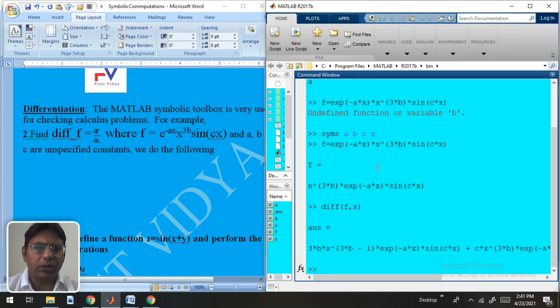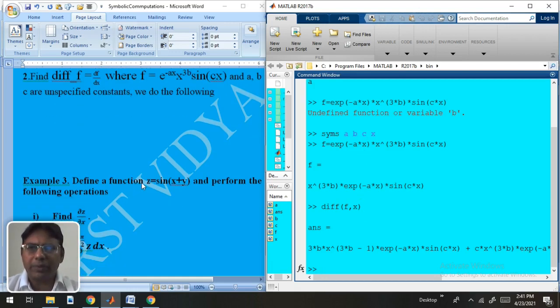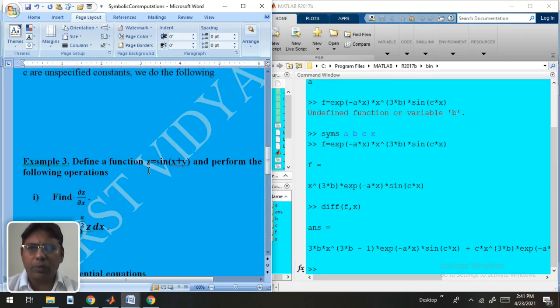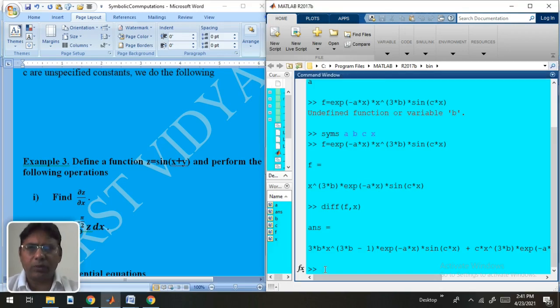So after doing the limit problem, then differentiation, now we will take one more problem, of partial differentiation. So this is the function here. This time it is problem number 3. The function is z equal to sine of x plus y.